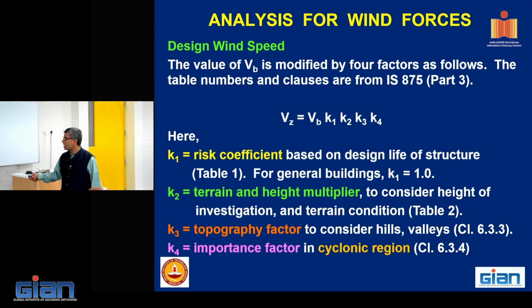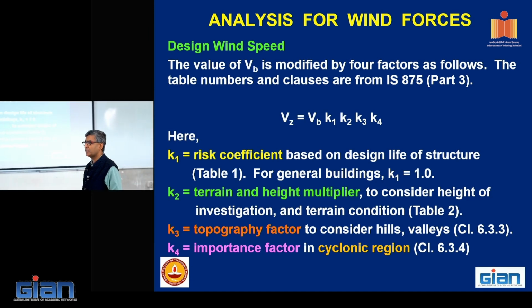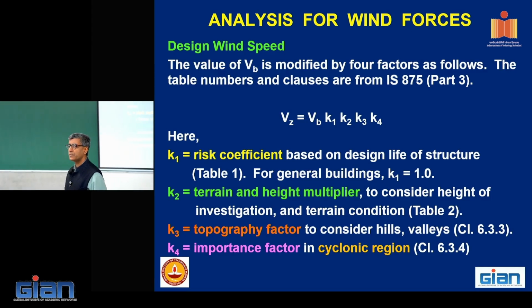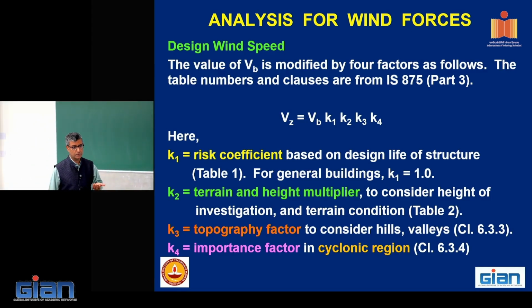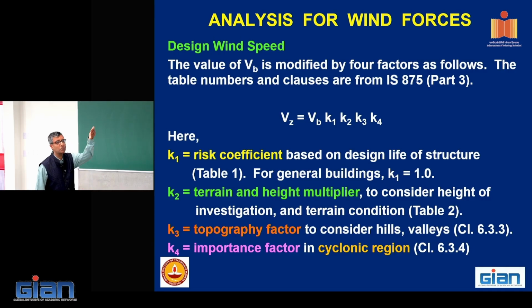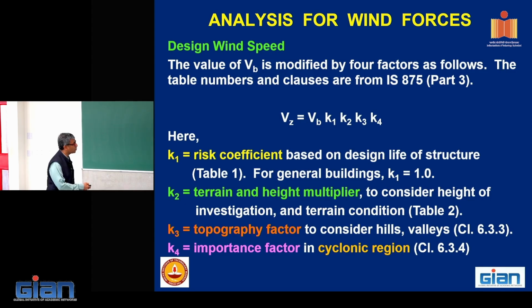K1 is called a risk coefficient: if I'm designing a more important building, targeting a life of more than 50 years, then I should boost up. K2 is the terrain and height multiplier. That means if I am going for a tall building, again I have to boost up the pressure, the speed. K3 is a topography factor.